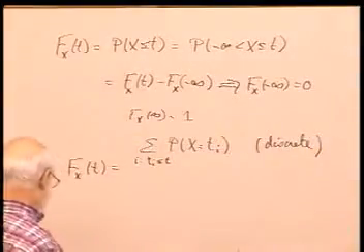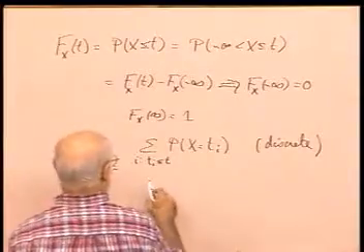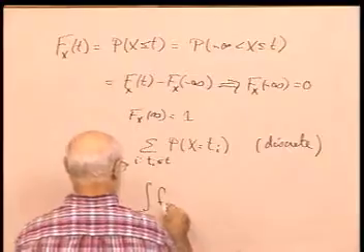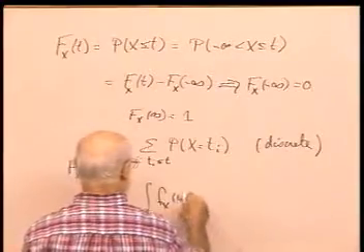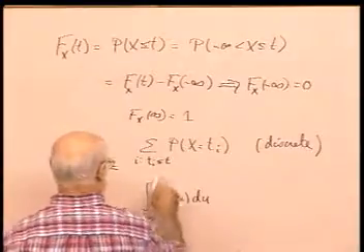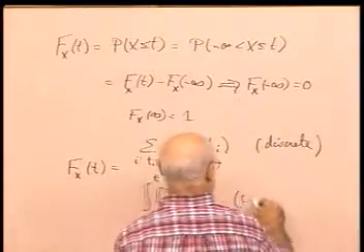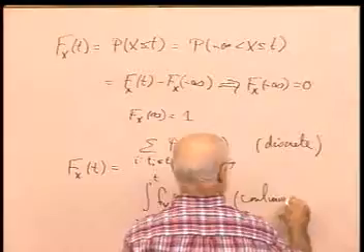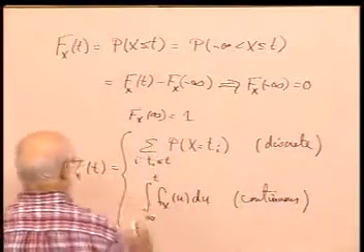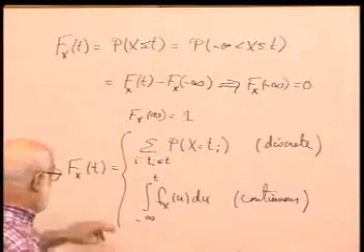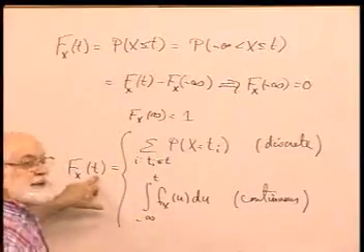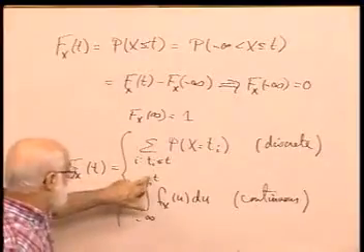And if it's continuous, then I define this as the integral of the density function of x evaluated at u, du, between minus infinity and t. That's the continuous case. Okay, now notice that over here I have written t as the independent variable. That t is this t.